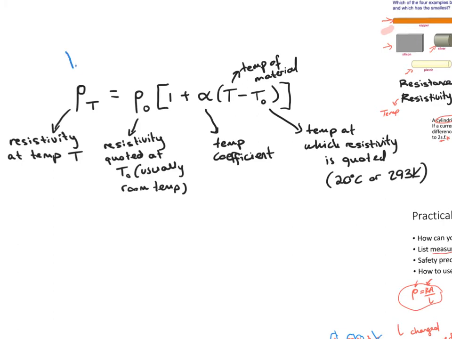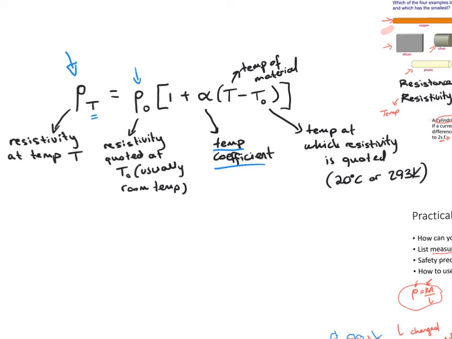This is the specific resistivity at a specific temperature that you're trying to achieve. And this is the resistivity at a quoted temperature, usually room temperature, so where you will start taking values. You find this in a data booklet or an online website that has data that have been measured already. Alpha is a temperature coefficient, which is also quoted in the data booklets.